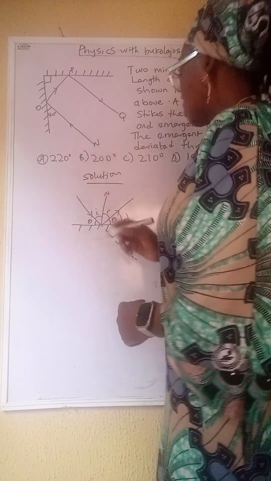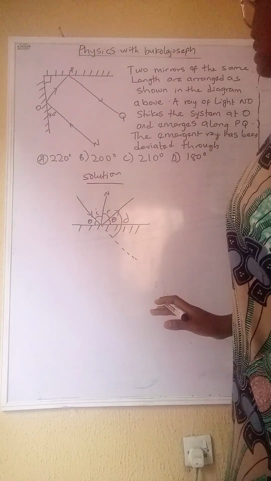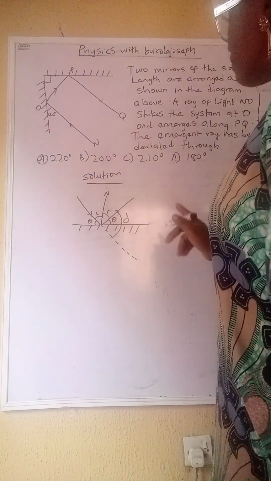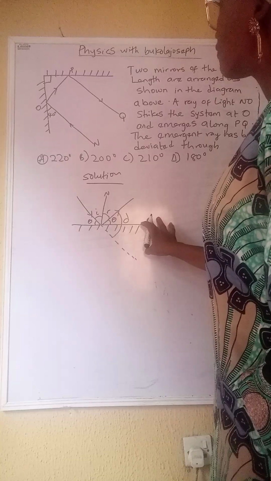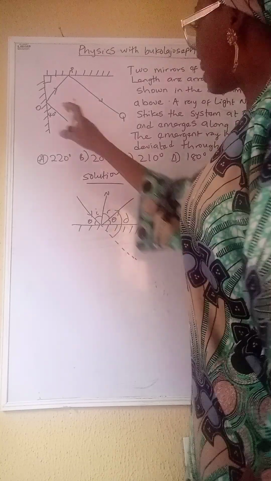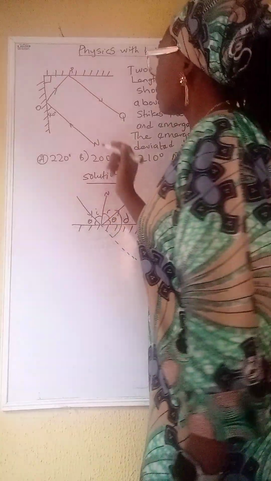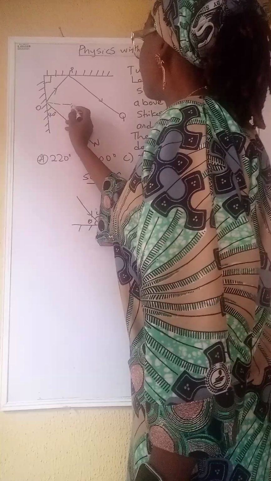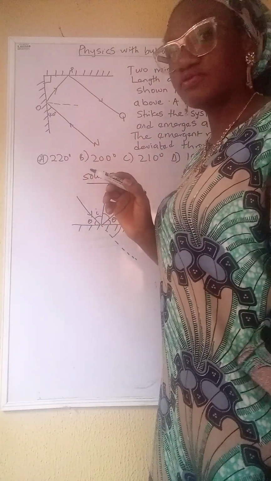Let's do this. I don't want to wipe this information, so let me complete this diagram. The first thing is to draw a normal. Can you see? I've drawn a normal.